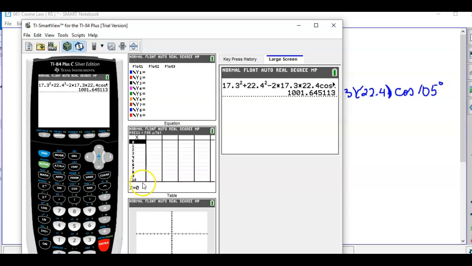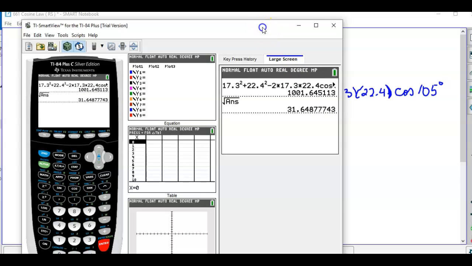Okay, and again, really big number. Then you're going to need to square root that answer. Now, if you wanted to, you could go square root of all of that expression. That would just be one step.